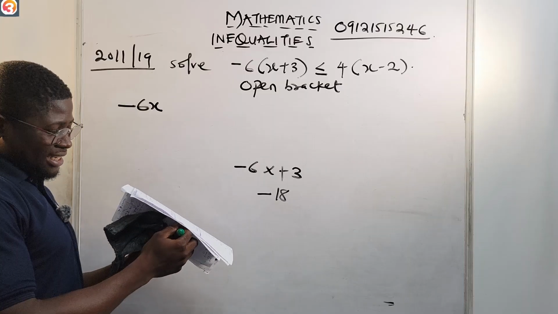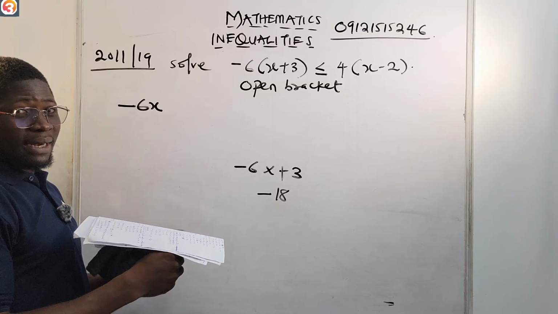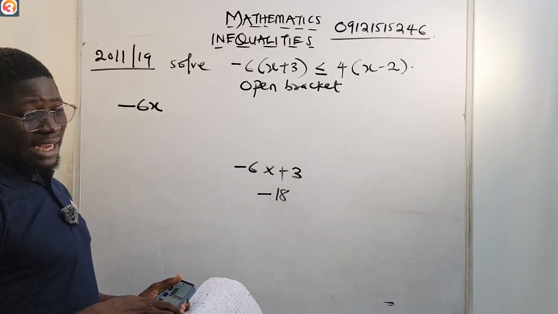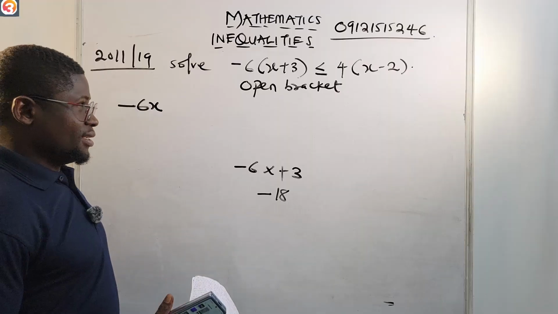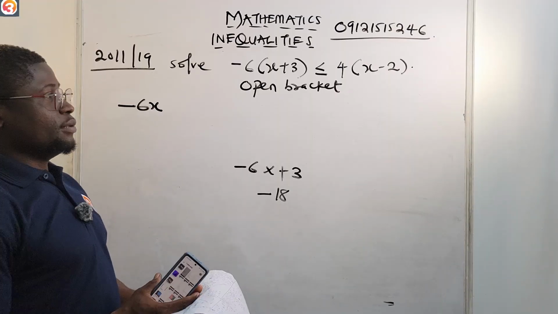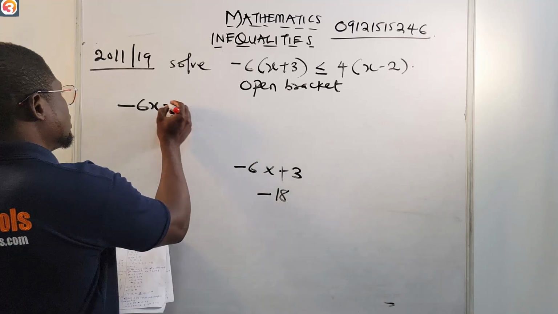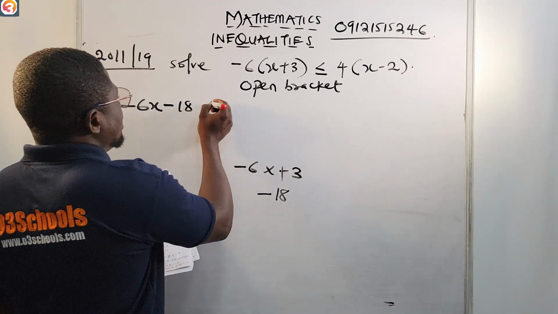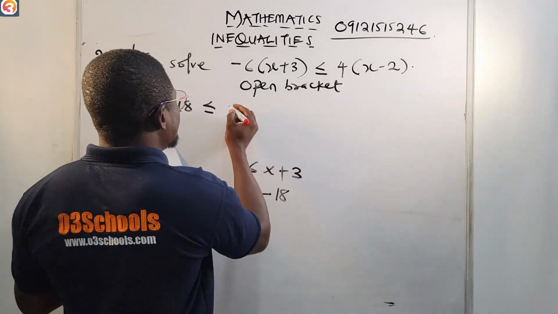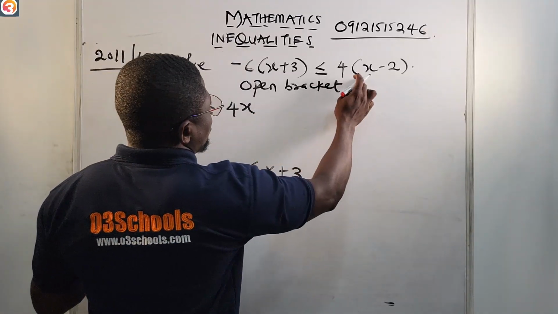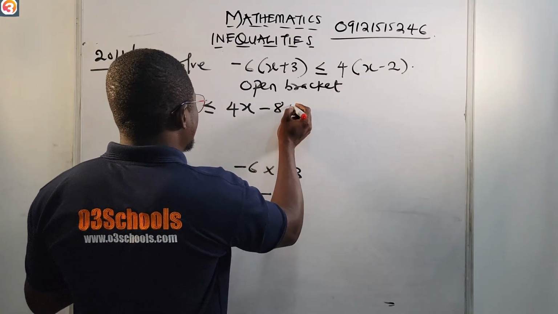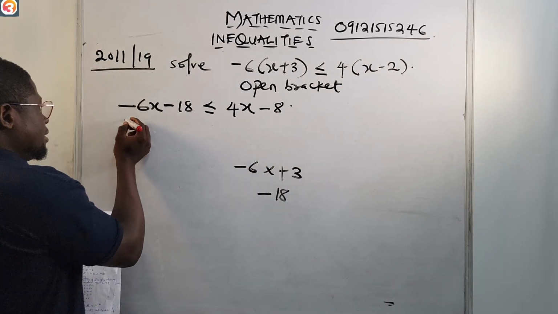That's why I was stressing how to multiply signs together. So minus 6 times plus 3 will give us minus 18. Then less than or equal to 4 times x is 4x. 4 times minus 2 is minus 8. Now I collect like terms.